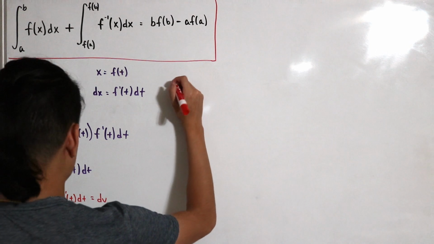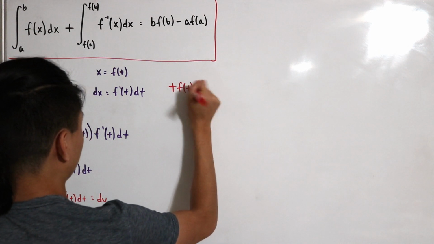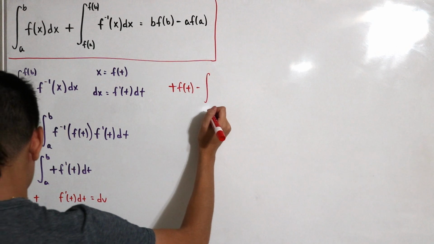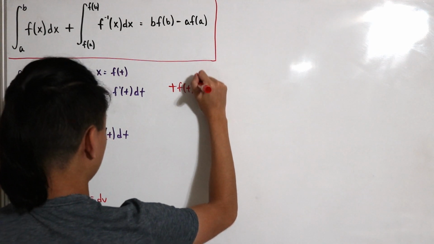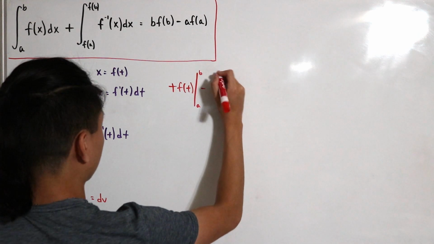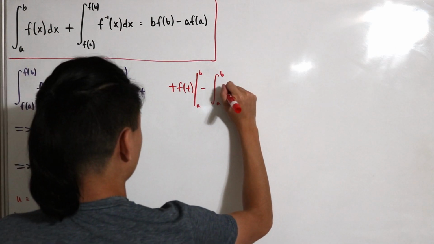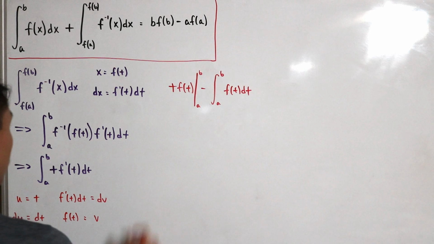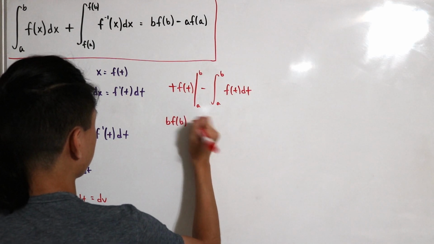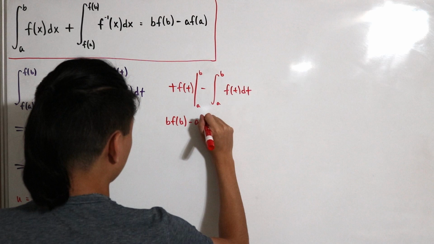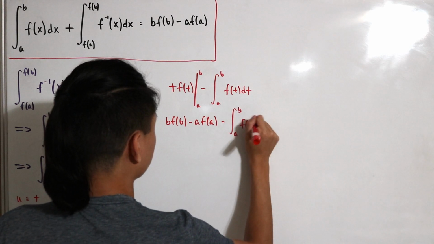So we have t times f of t, evaluated from a to b, minus the integral from a to b of f of t dt. If I plug in the bounds, we get b times f of b, minus a times f of a, minus the integral from a to b of f of t dt.